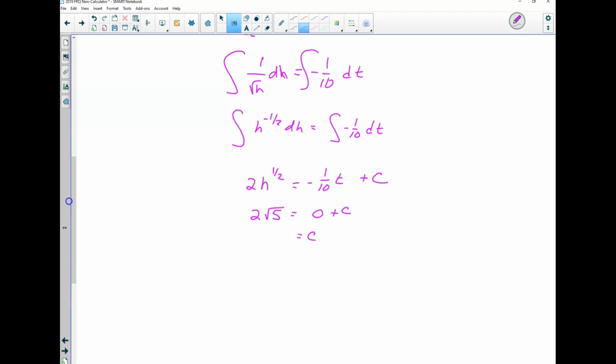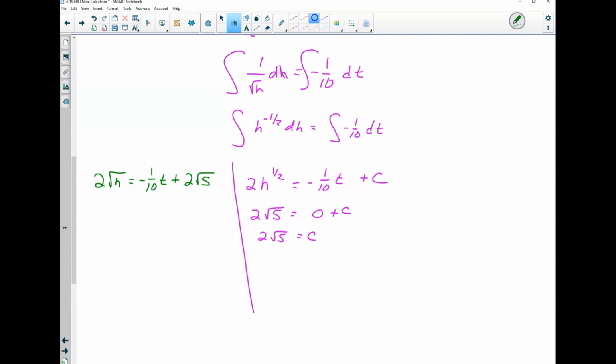So c has to equal 2 square root 5. Now this is going to be 2 square root of h equals negative 1/10 t plus 2 root 5.